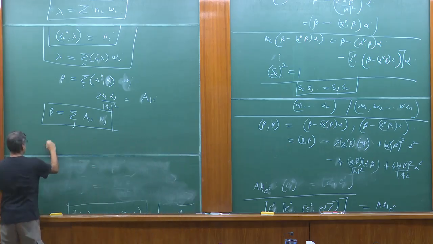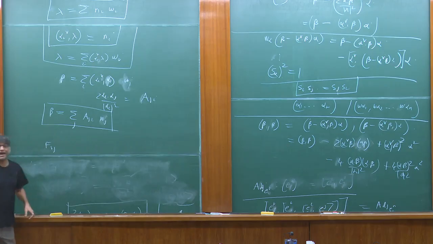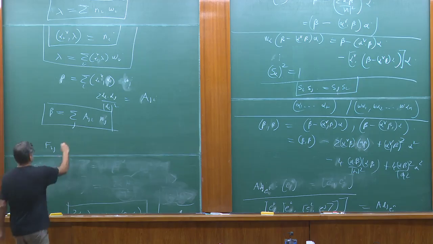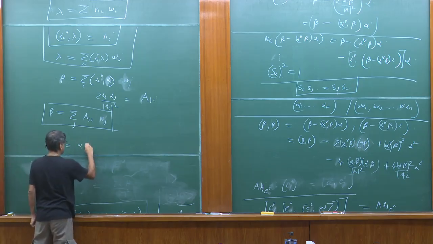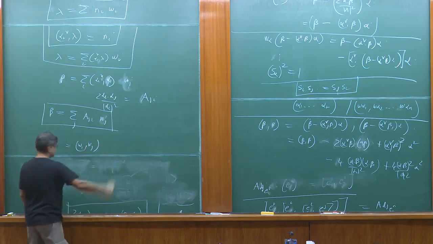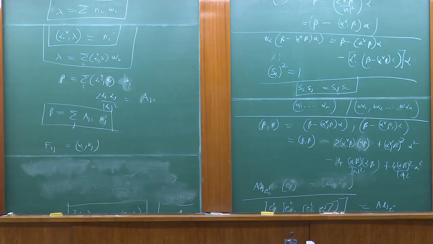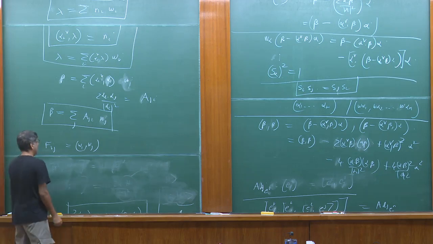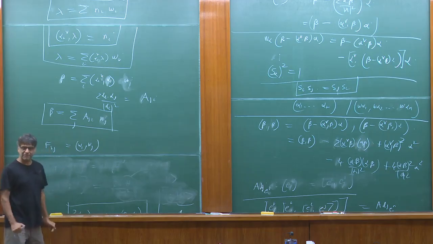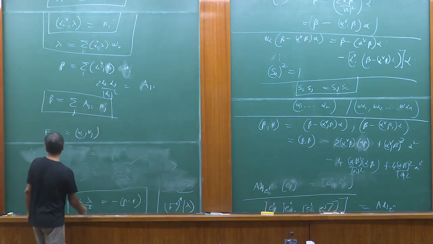I define F_ij, which is sometimes called the quadratic form associated with the group. This is equal to omega_i dot omega_j.